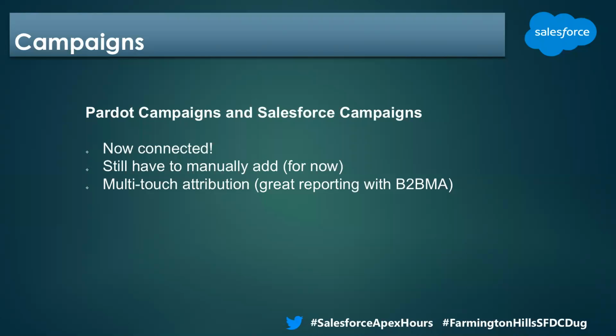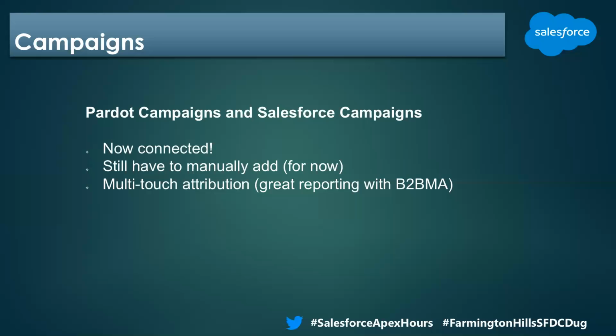And this still has to be set up. It's not automatic, but it's much more useful because it means that prospects can now be in multiple campaigns, and so you can do much more advanced ROI tracking in the same way that you would with Salesforce campaigns. Obviously, that then makes it important to check that you're using contact roles correctly in Salesforce.